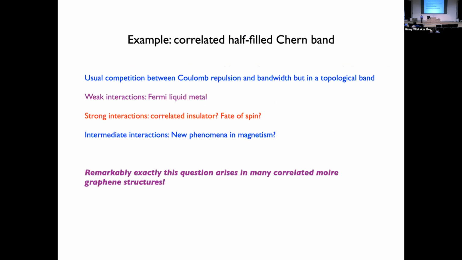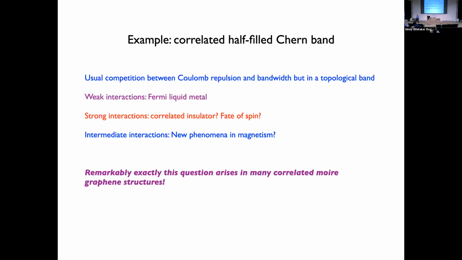So as an example, the simplest topological band is a Chern band. So we can ask about correlation physics, say in a half-filled Chern band, right? The analog of strong correlation physics in an ordinary half-filled band, now for a Chern band. So we'll have the usual competition between the Coulomb repulsion and bandwidth, but playing out in the setting of a topological band, okay?